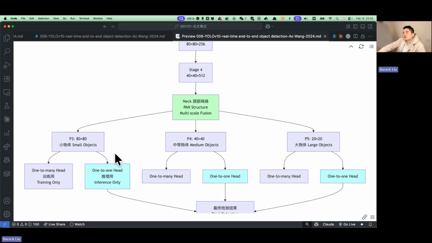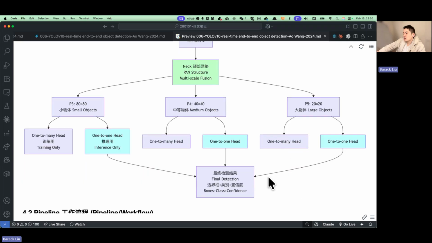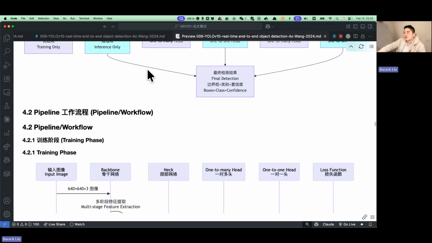Okay, P3, small objects. P4, medium objects, and P5, large objects. Final detection, boxes plus class and confidence.